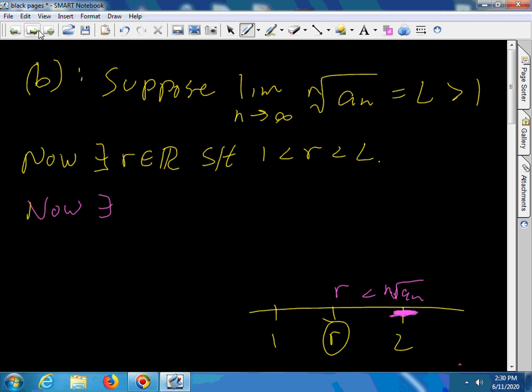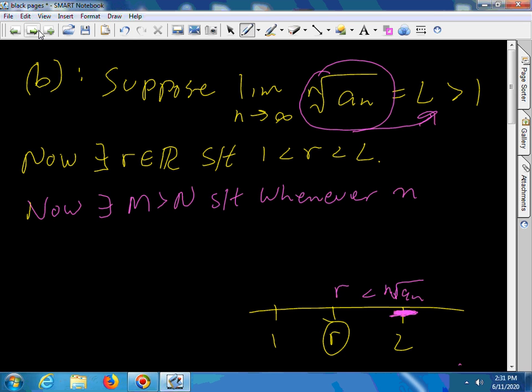Now, there exists a capital M, bigger than n. Why? Because this limit, these terms are getting closer and closer to L. There exists an m greater than n such that whenever the subscripts are bigger than m, the nth root of a sub n's are bigger than r.